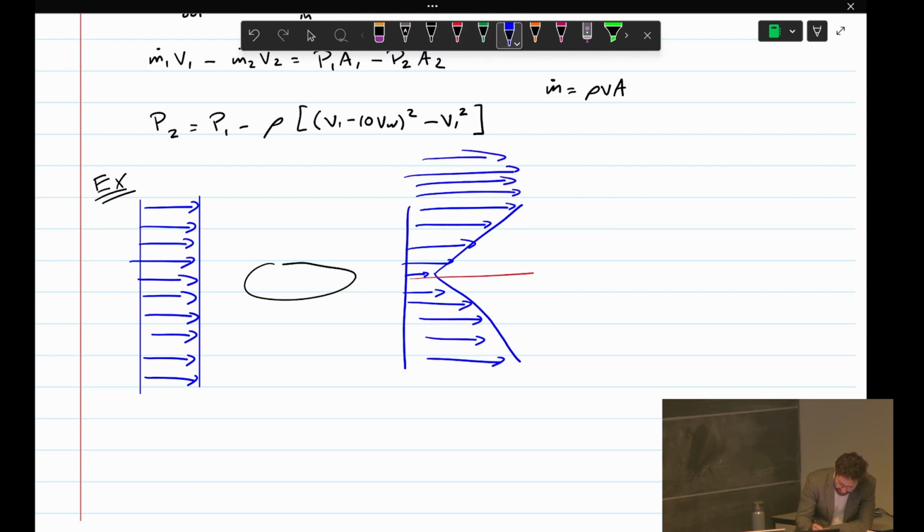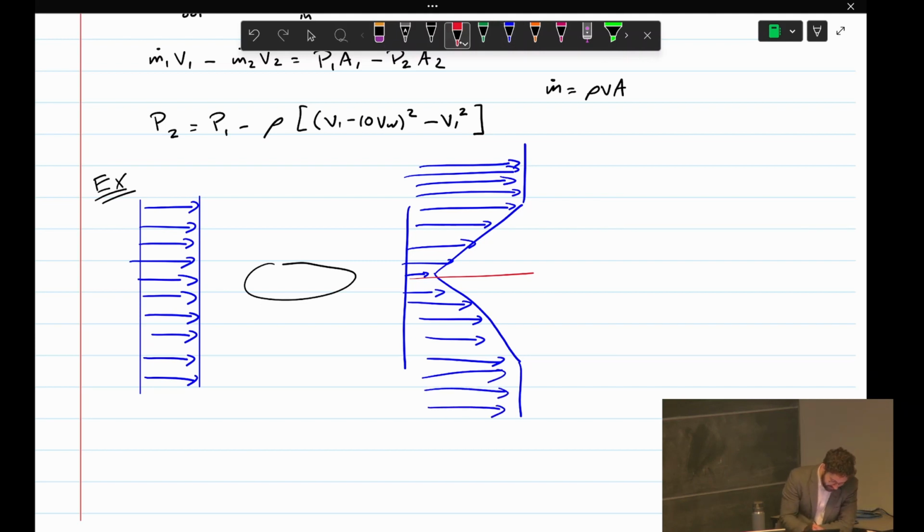It's going to be linear, and then it will go back out to uniform, because away from the object we shouldn't expect any disturbance, right? So the distance of our linear section is going to be L. The length of our object is going to be L as well.